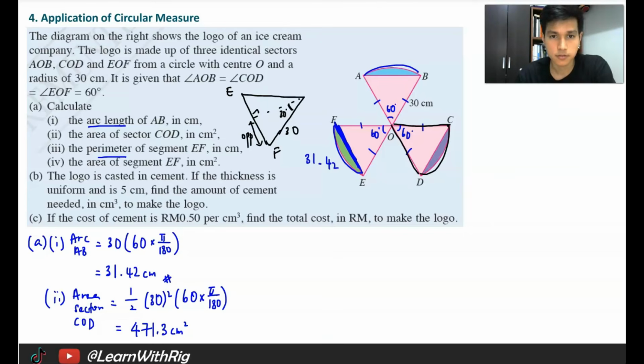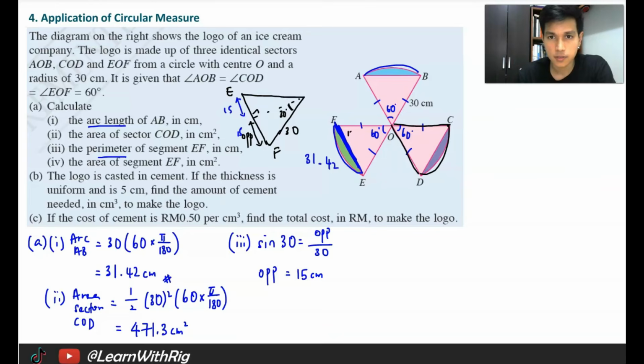So sine. Sine 30 is equivalent to opposite over 30. So what's your opposite? Opposite should be equivalent to 15 cm. Okay, so here is 15. So now you need to find 15 and 15. Let me just write here. So this half here is 15.